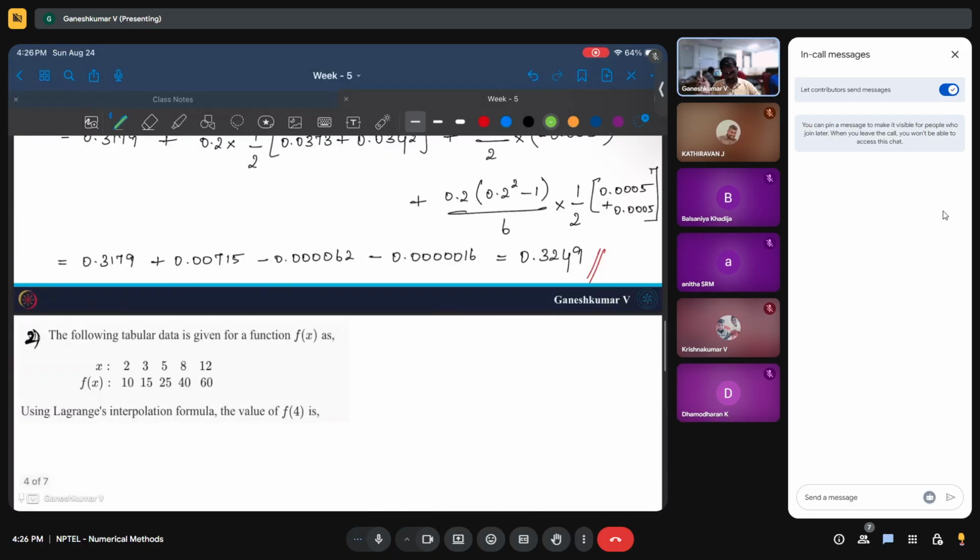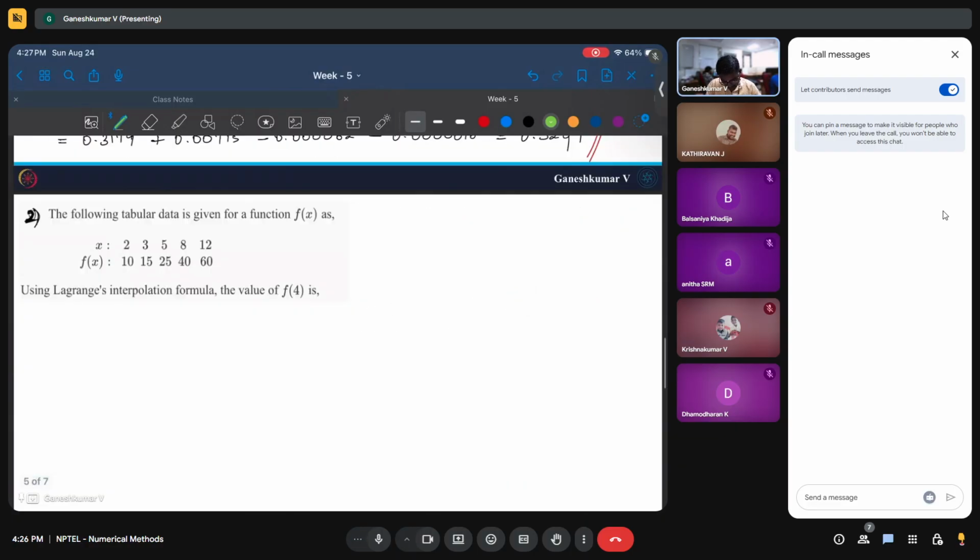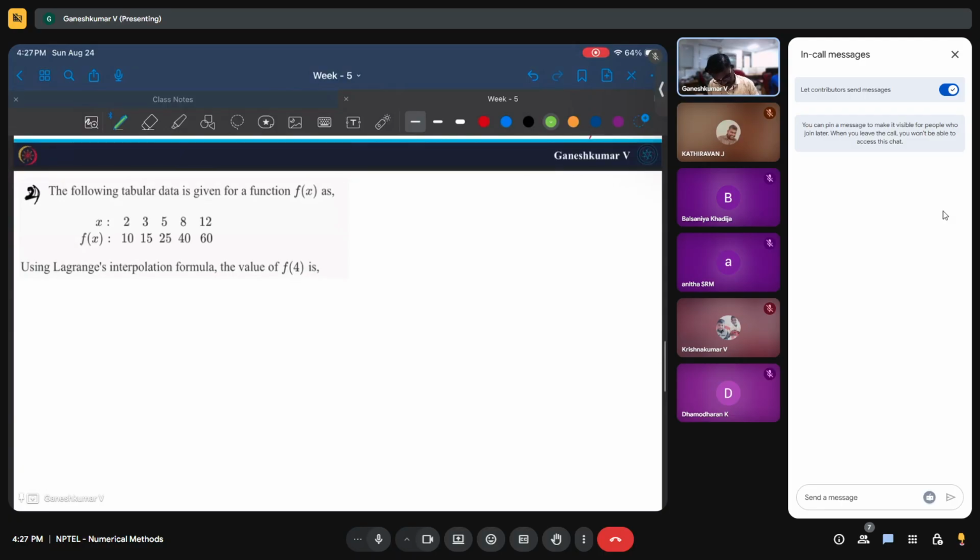All right, I hope this is clear. If there are no doubts, then we can move forward to the second problem. In the second problem, what we are asked to find is the following: tabular data is given.